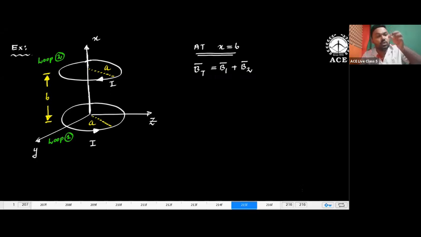So for the first loop, suppose you want to find the magnetic field here: you are at a distance of B. If I put my thumb in the direction of the current in the loop, my fingers will show the direction of the magnetic field. The direction of the magnetic field is in the X direction. Yes. And you are at a distance of B. Observe carefully. So here it is.